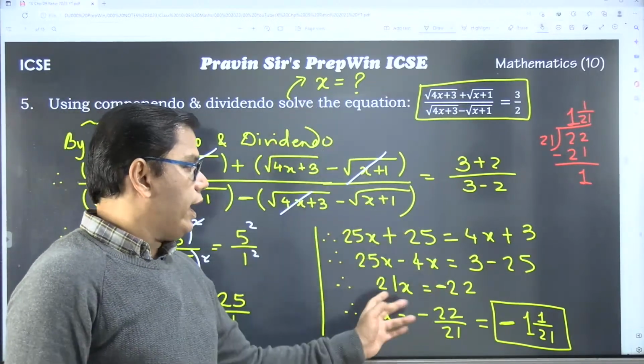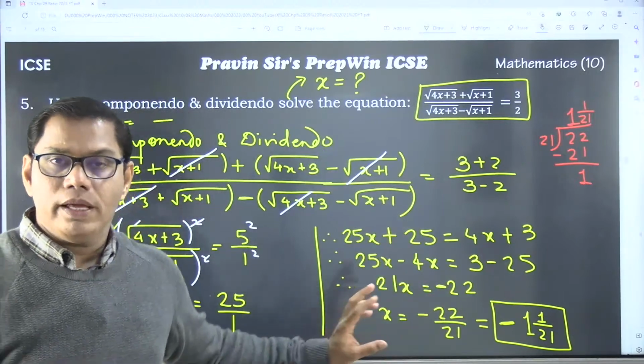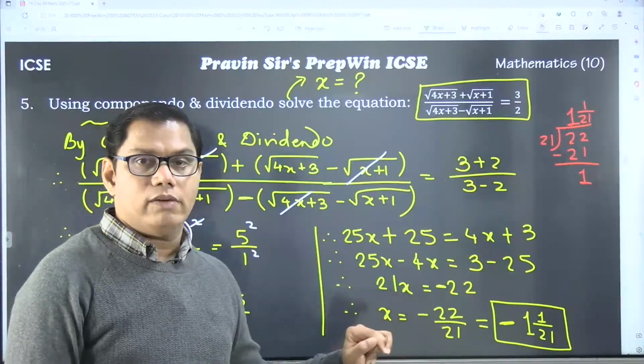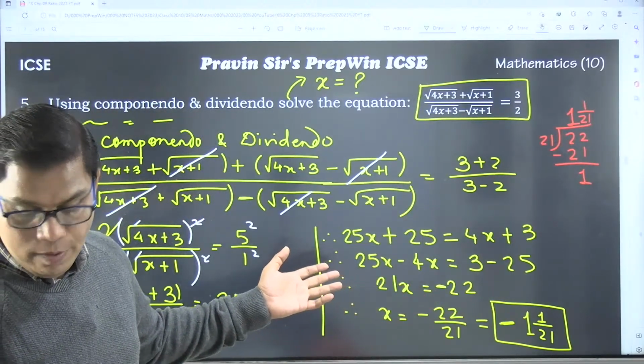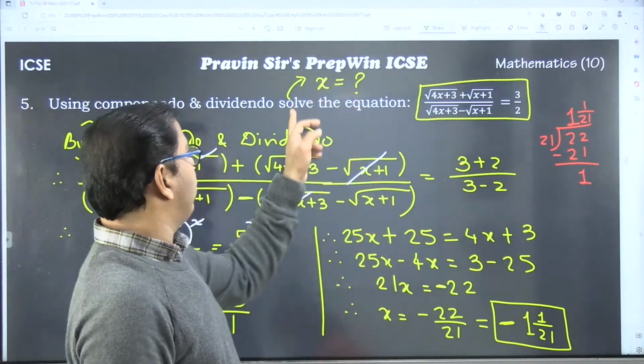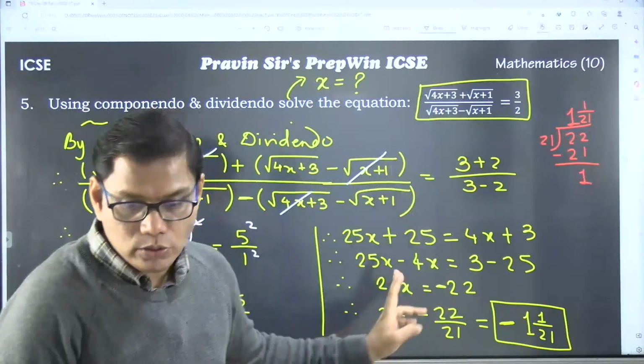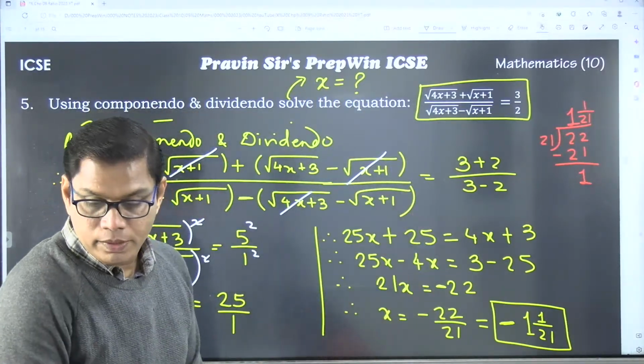If we were finding a ratio, we would leave it like that. 22 by 21 is a ratio, but here we are not finding a ratio, we have to find the value of x. Solve. So this is the answer. Is it fine? Is it fine?